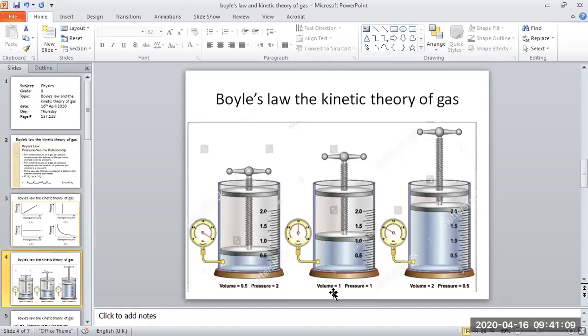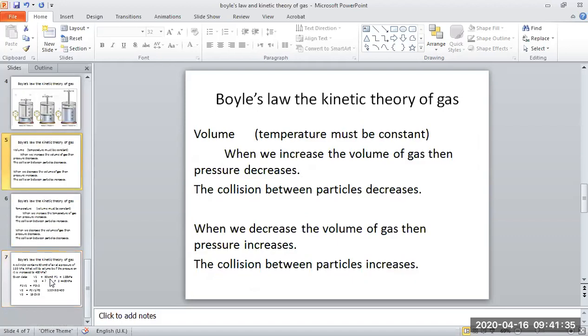Again we increase the volume from 1 to 2, and at the same time the pressure becomes half, that is 0.5. You can see when we increase the volume, pressure decreases. This is the relationship between volume and pressure.